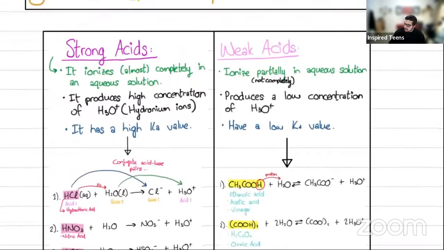Now we're going to discuss weak acids and strong acids. We will be discussing strong acids, weak acids, strong bases, and weak bases. You need to know the most common acids and bases, strong and weak. We're also going to go through their respective reactions.